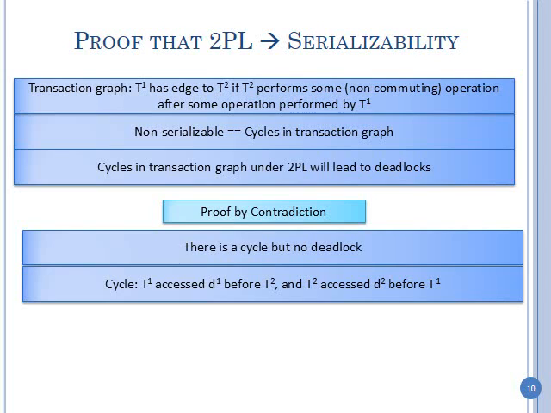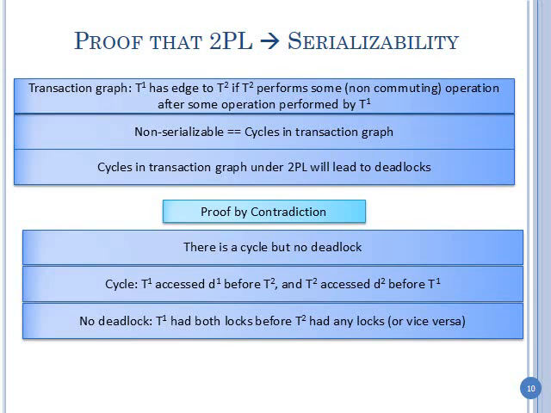Right? Under two-phase locking, if a transaction accessed D1 and D2, it must have held both locks at one time. Right? Which means that must have either occurred before the other one or after the other one. Which means there couldn't have been a cycle.